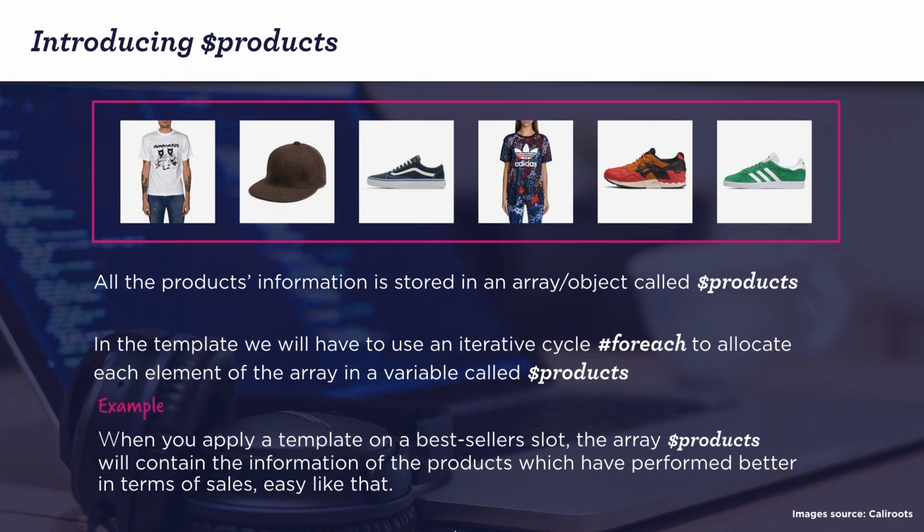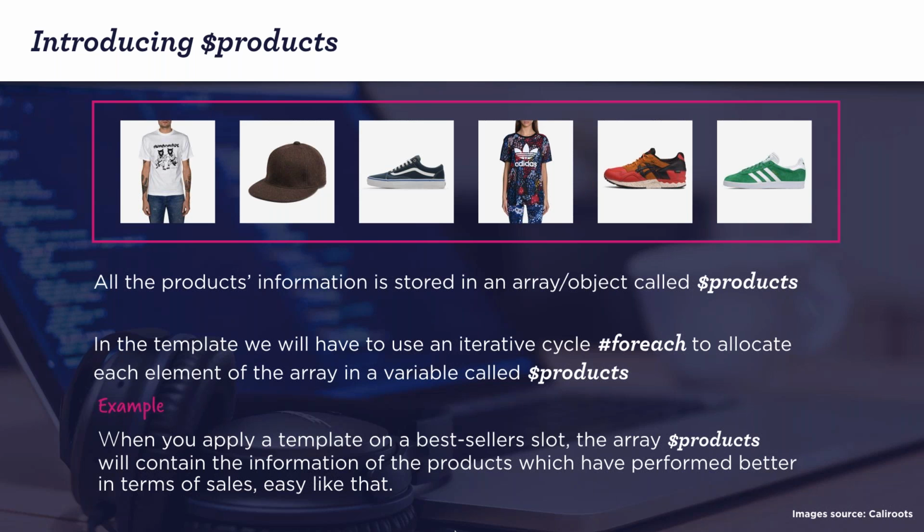The same goes if it's browsing history or whatsoever. So the products array will contain, at any time when it gets called, the information related to the specific slot where it is applied.